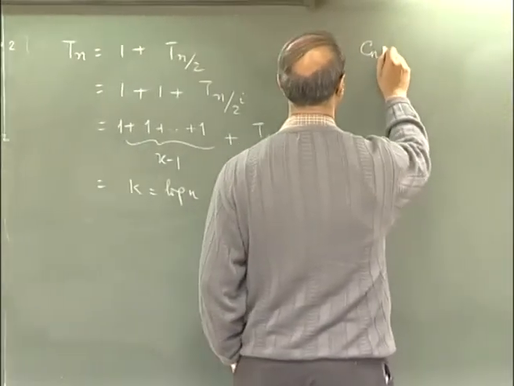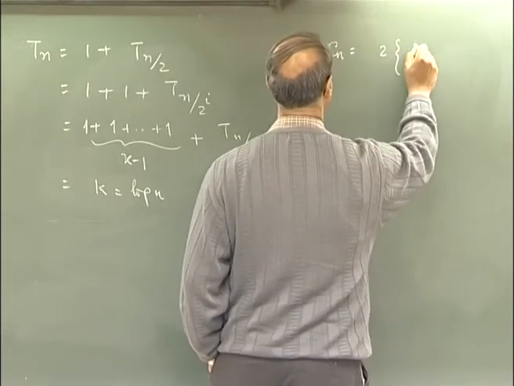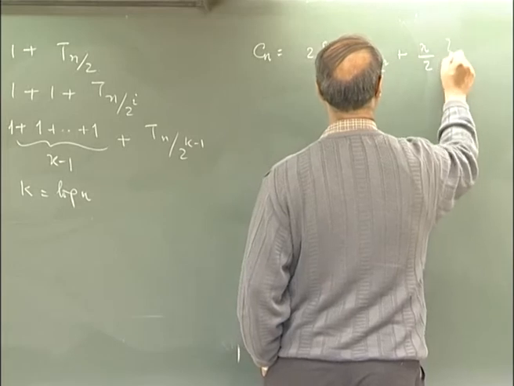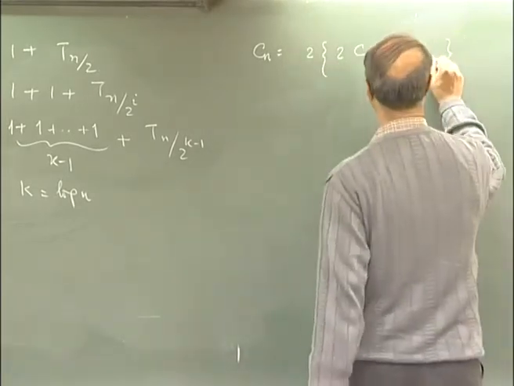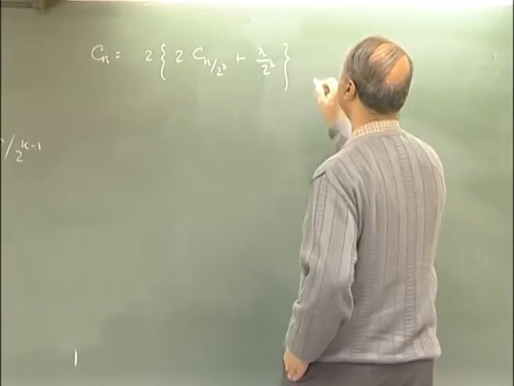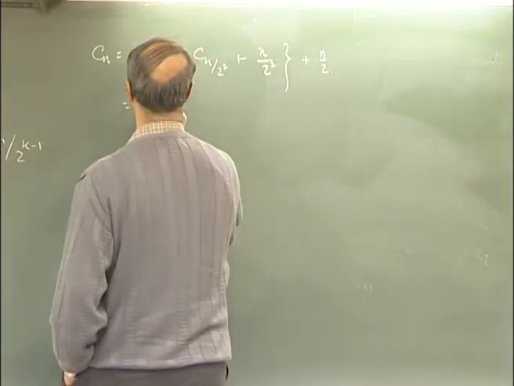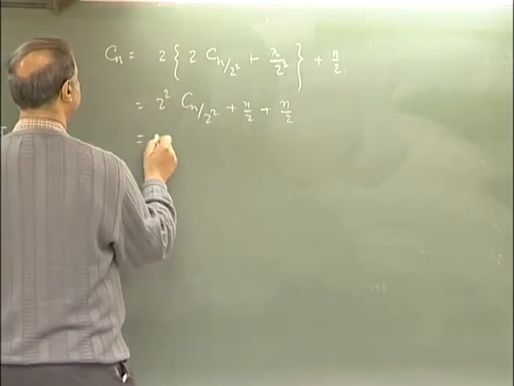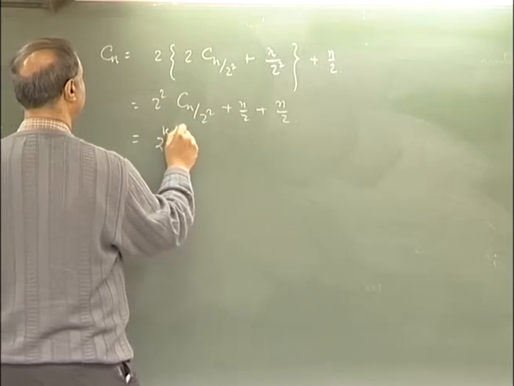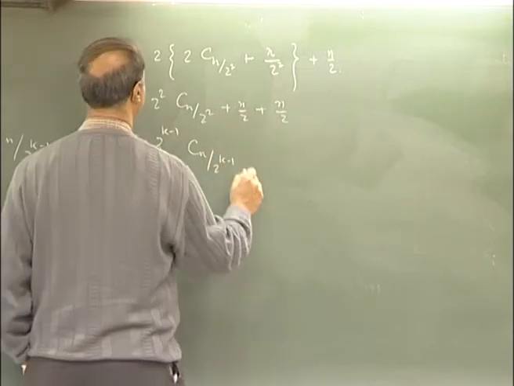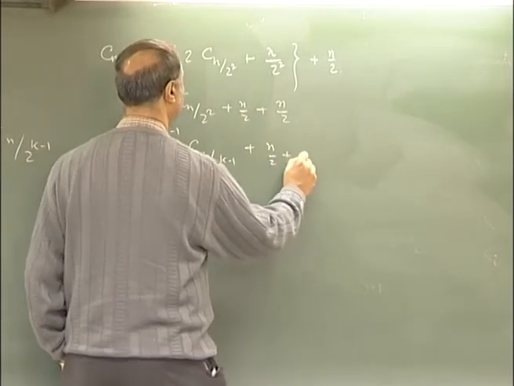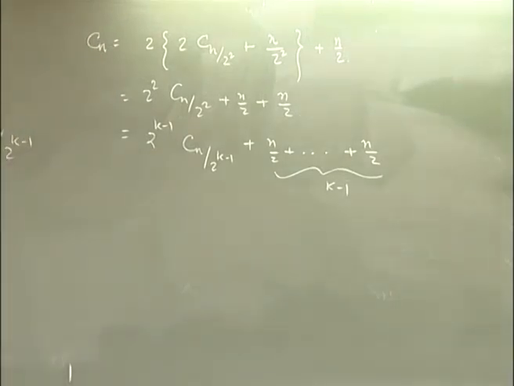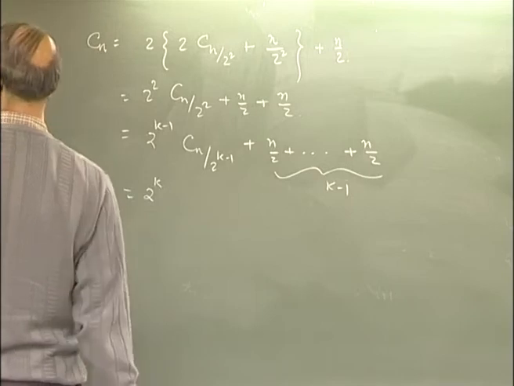Now if I have to compute Cn, Cn is equal to 2 times C(n/2) plus n by 2, which gives 2 squared C(n/2 squared) plus n by 2 plus n by 2, and so on up to 2 to the power k minus 1 C(n/2 to the power k minus 1).